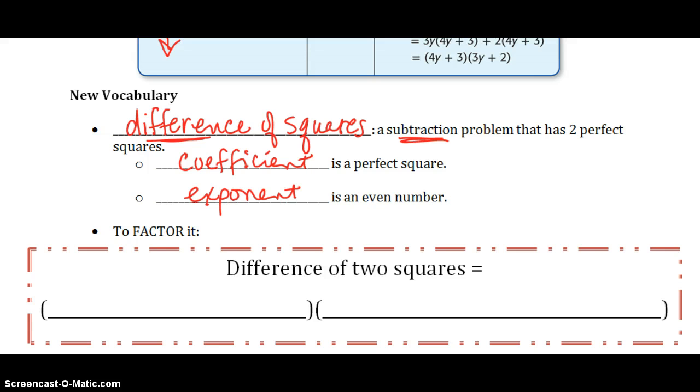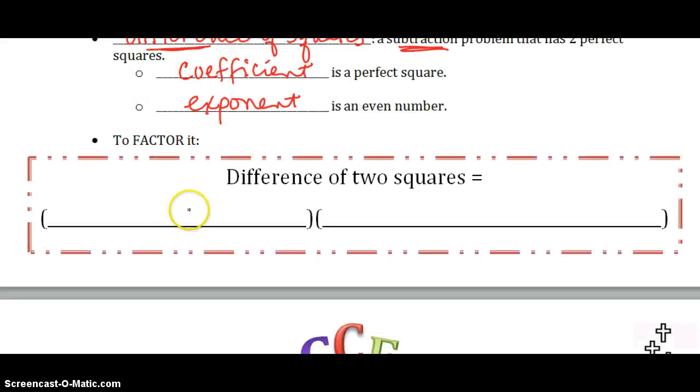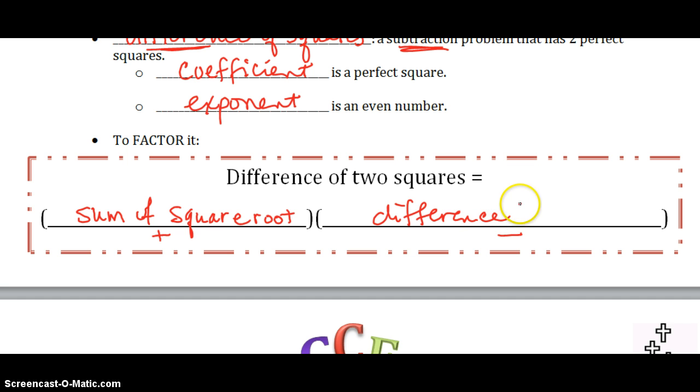All right, so when we're doing difference of squares, it's always going to be a plus and a minus, so it's the sum of the square roots of the two terms and the difference of the square roots of the two terms. So it's the sum of the square roots and the difference of the square roots.